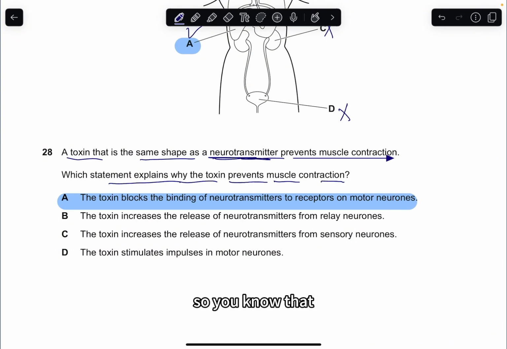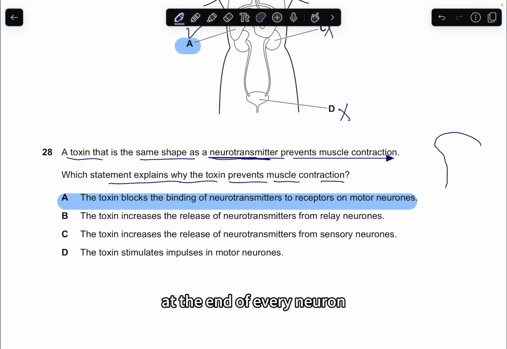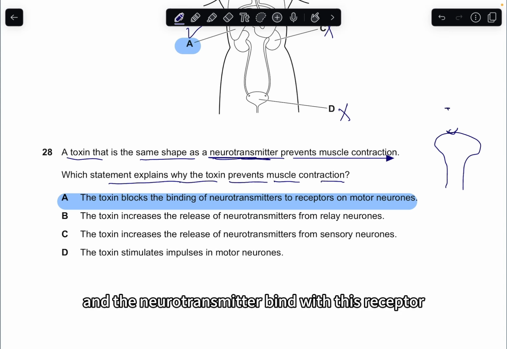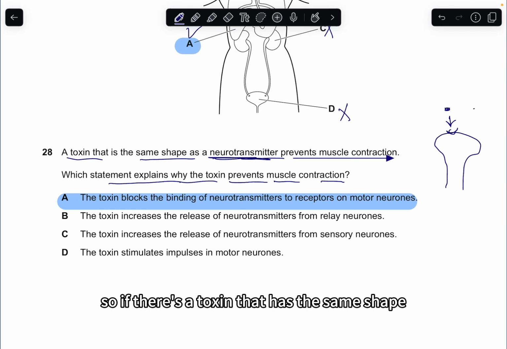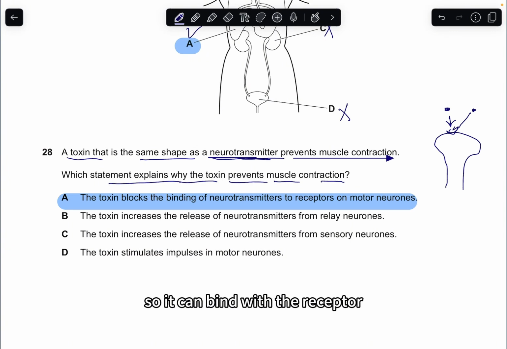So you know that at the end of every neuron there are the receptors, and the neurotransmitter binds with this receptor. So if there is a toxin that has the same shape, it can bind with the receptor and it will block the neurotransmitter.